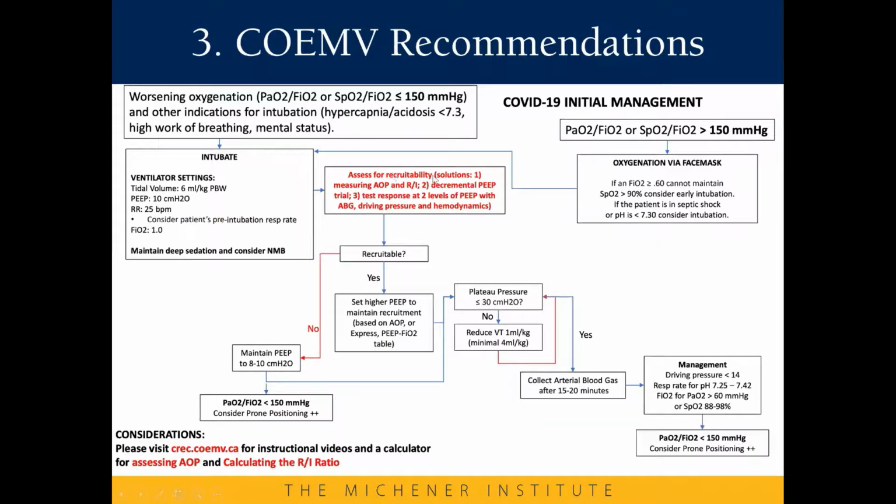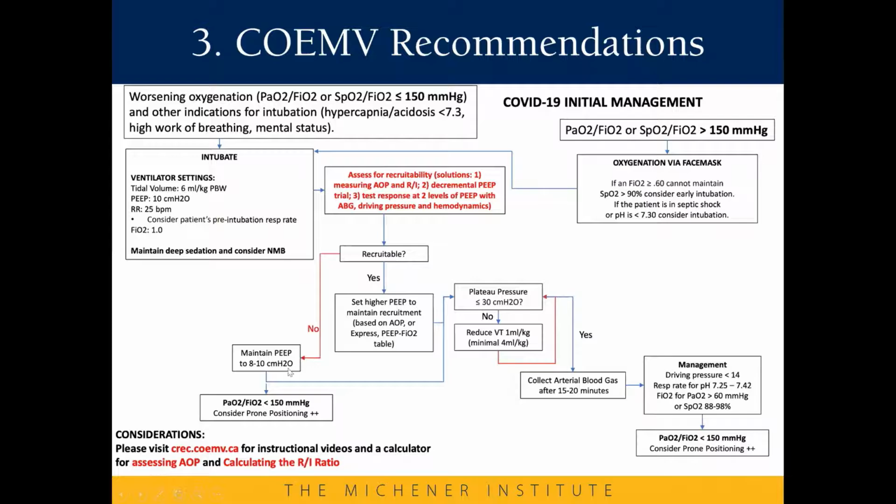So after we've looked at this, we're going to assess, is our patient recruitable? And if they are, we're going to set higher PEEP to maintain the recruitment. And we're going to do that based on the airway opening pressure we looked at. And we're going to look at our PEEP FiO2 ratio.